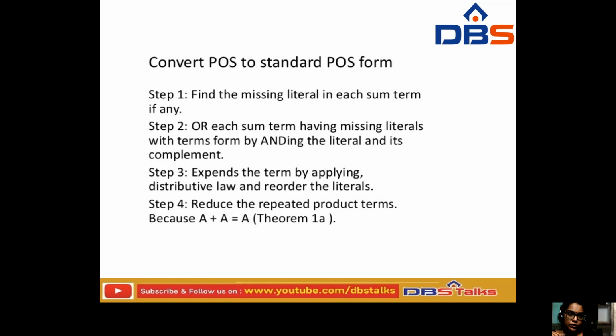In step 3 we are going to expand that expression by applying the distributive law and reorder the literals. Step 4, we are going to reduce the repeated product of sums because A plus A is equal to A, based upon theorem 1a. This is how we are going to convert the product of sums to the standard product of sums form.